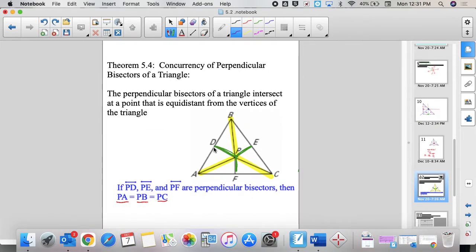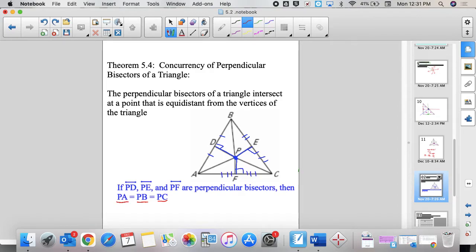In other words, P to D is a perpendicular bisector. P to E is a perpendicular bisector. And P to F is a perpendicular bisector.